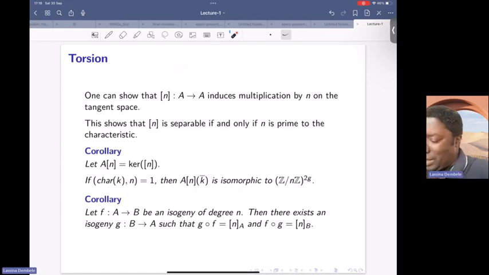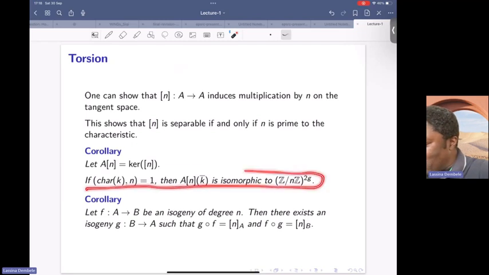So if you let A be an abelian variety and A[n] the kernel of your multiplication by n map, the corollary says that if the characteristic of your field is prime to n, then the torsion group, the kernel as a group, would be isomorphic to 2g copies of Z mod nZ.